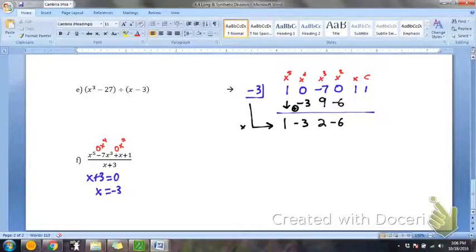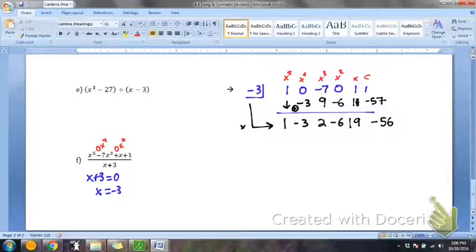Go back to the pocket, -3 times -6 is 18. 18 plus 1 is 19. It's okay to have some bigger numbers. -3 times 19, -57. So then when we add 1 to it, we get a -56.